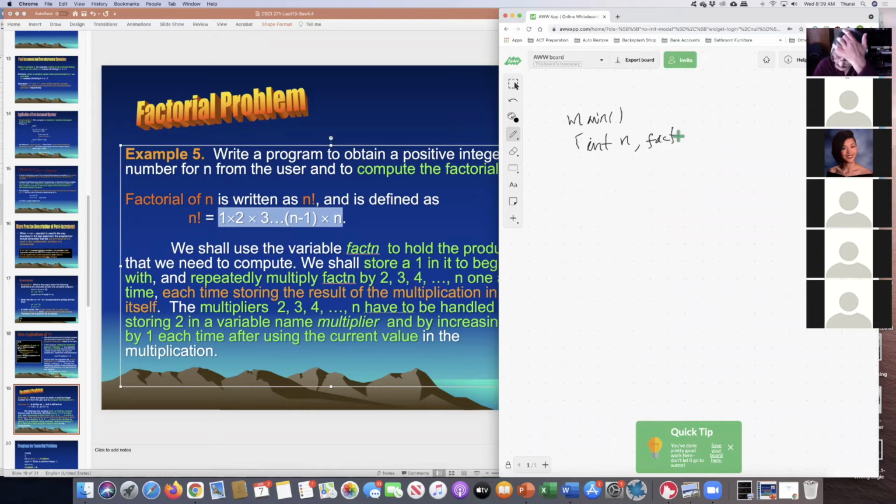And initially, I'm going to store a 1 in it. And then, see, this factorial can be found by starting at 1 and multiplying 2, 3 all the way to n, or starting at n and going down to 1. So either way is correct. I need to ask the user to enter number and read that in n.